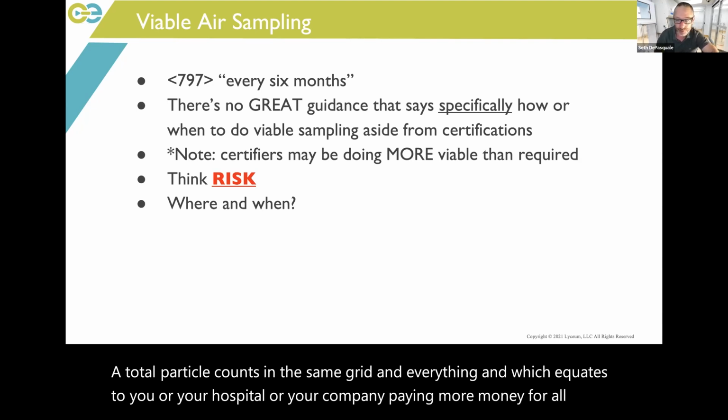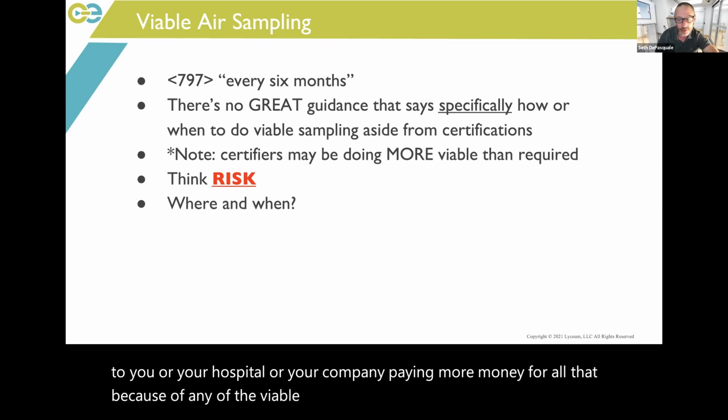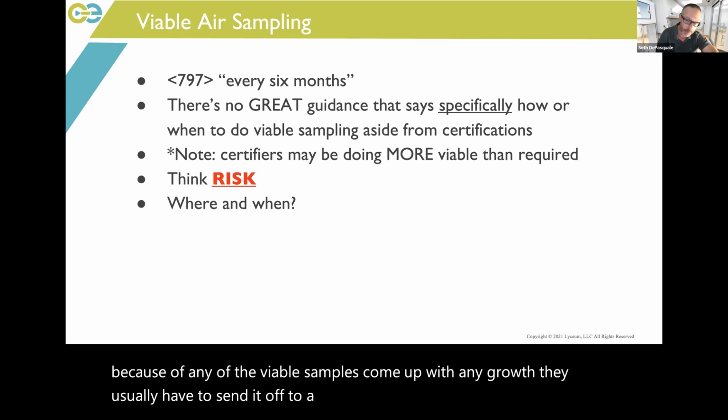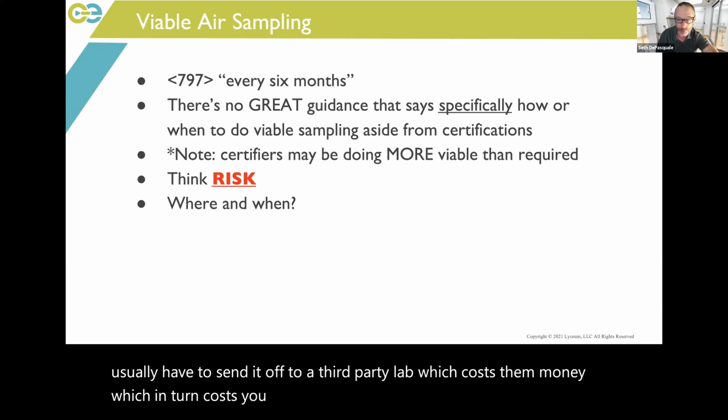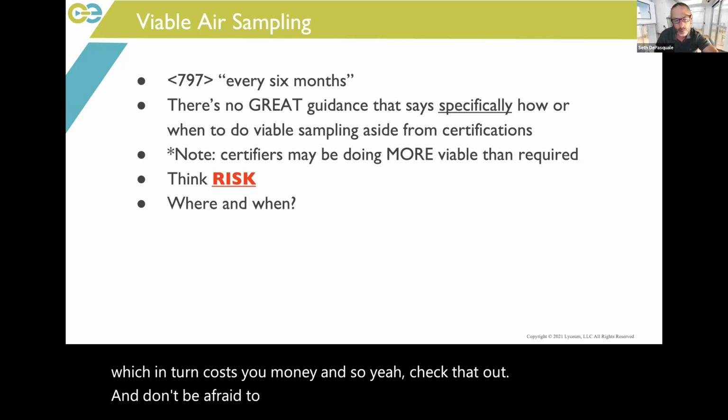Because if any of the viable samples come up with any growth, they usually have to send it off to a third-party lab, which costs them money, which in turn costs you money. So check that out, and don't be afraid to say, hey, I don't think we need to do as many viable samples.